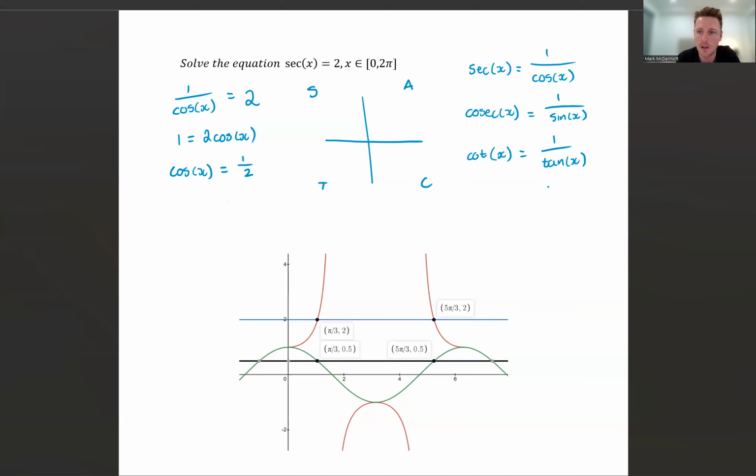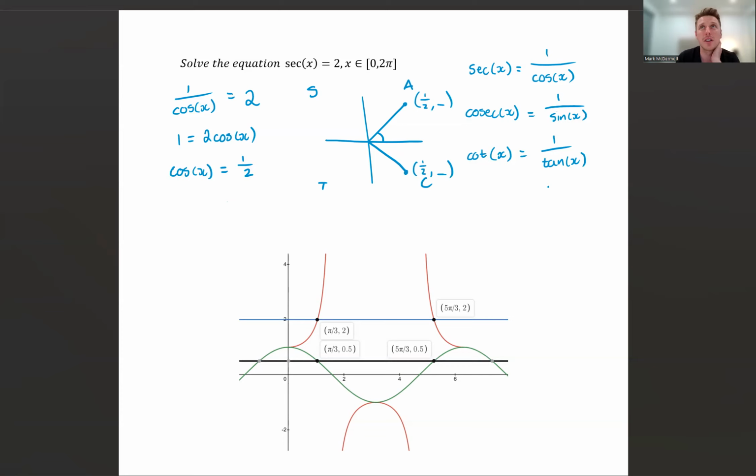Tan is positive here. And cosine is positive in this quadrant. So we're asking ourselves, where is cosine equal to 1/2? So that's positive. So it's going to be positive here and here. Okay, so the question is, what is the exact value where the cosine value is equal to 1/2? I don't really care about the sine value. I'm just interested in the cosine value being equal to 1/2.